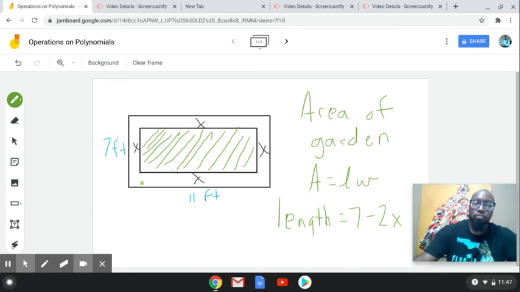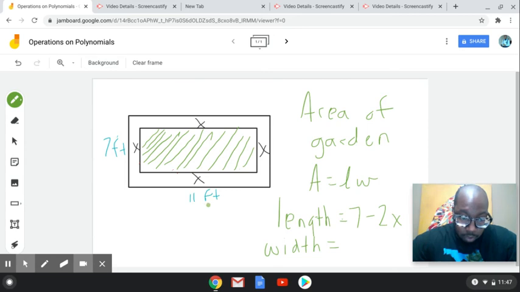Okay, now what about the width? Well, the width of the garden starts here and ends here, but we don't know what this length is. We do know that the width of the outside border is 11 feet, but 11 feet is more than the width of the garden.